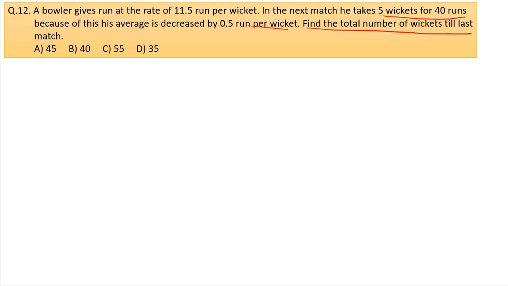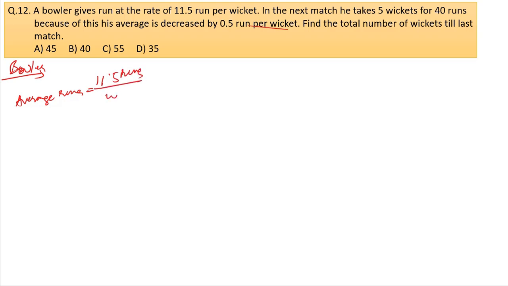Here we have a bowler. A bowler means the person who throws the ball. We have average runs equal to 11.5 runs per wicket. So our diagram will be here.